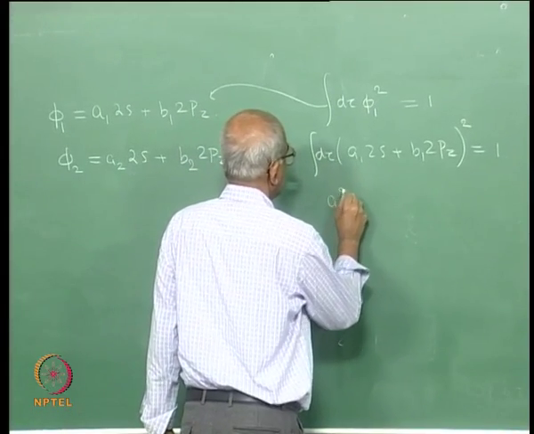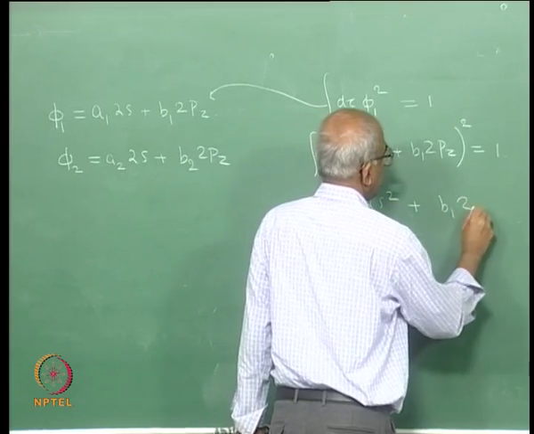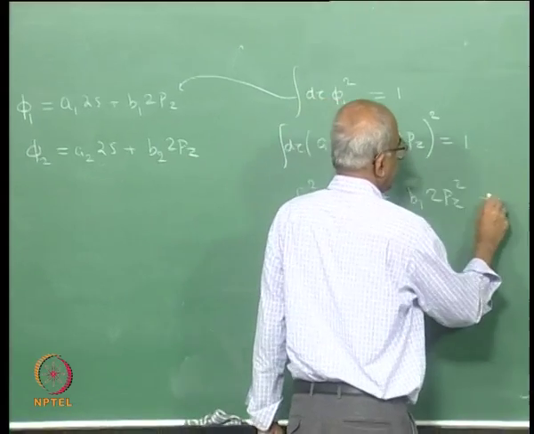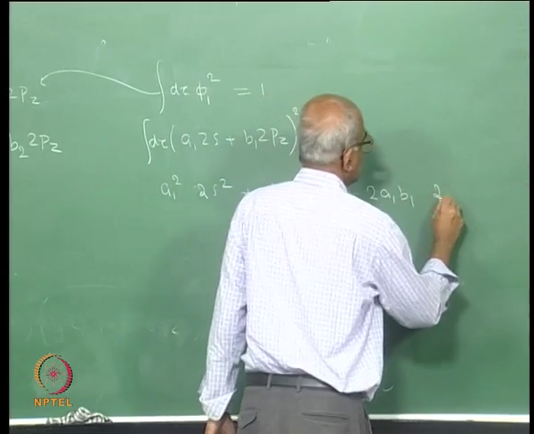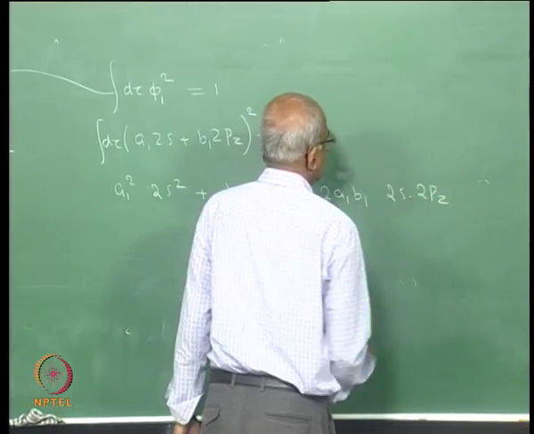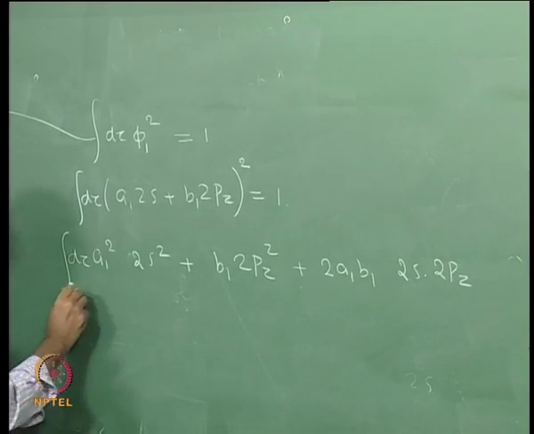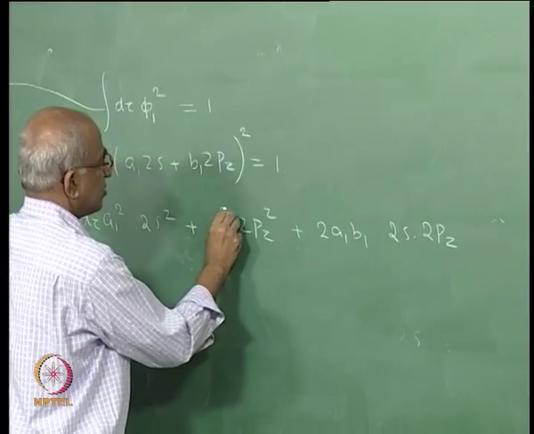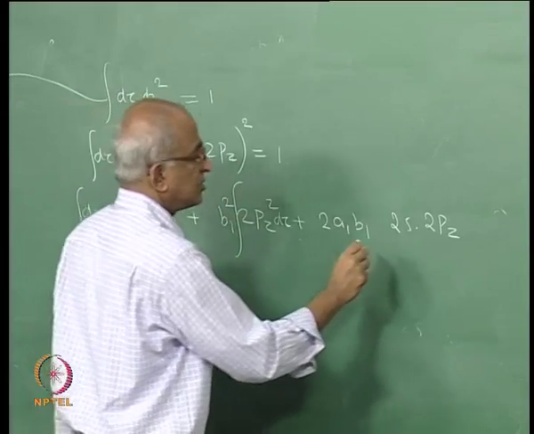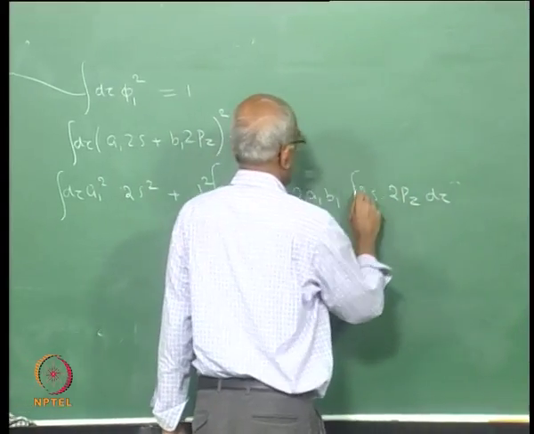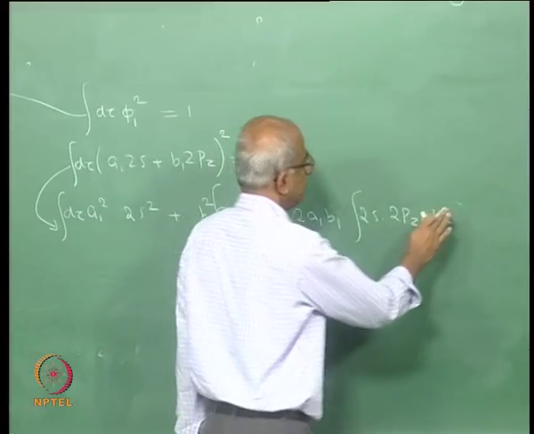You are going to get A1 square 2s square plus B1 square 2pz square plus 2 A1 B1 2s into 2pz, and you are going to multiply by d tau and integrate over the entire space. Each term you integrate over the entire space, and that should be equal to unity.